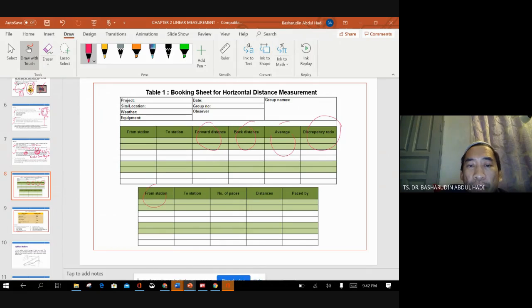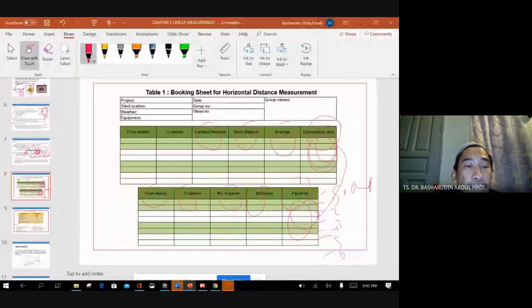Also the total station, the two stations, the number of paces, the distance, and pace by whom. If you are working with a group, you must put name number 1, name number 2, your group members. Why do we record pace by? Because if we do not get a good discrepancy ratio, we check with the person who paced the work over here.